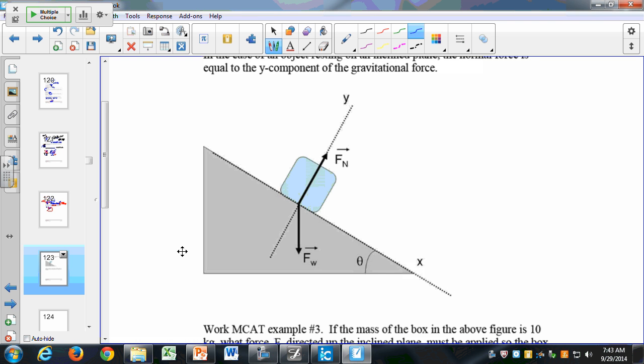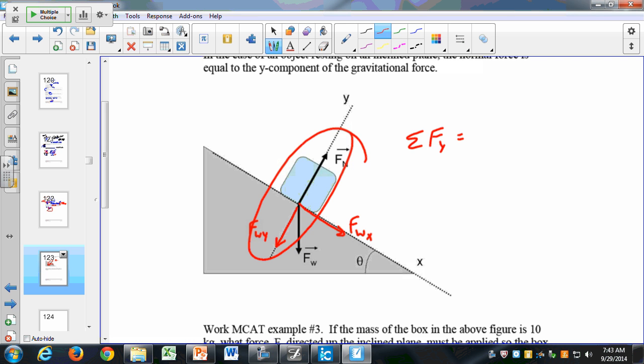Because in this case, the normal force is just a particular component of the weight. If I break my weight into its two components, I have FWY right here, and then I have FWX right here. And so I look at these in the y direction. I say the sum of the forces in the y direction equals MAY.